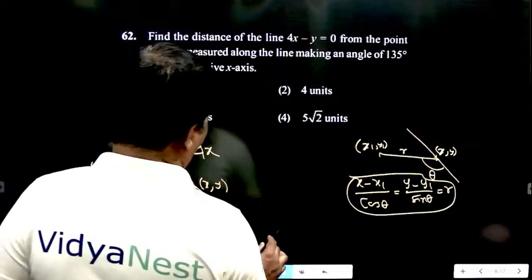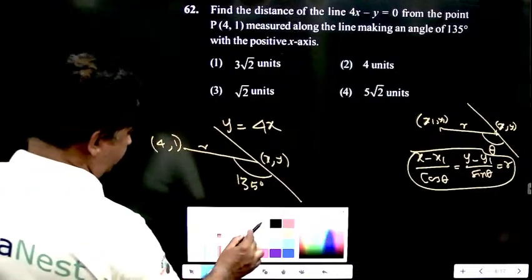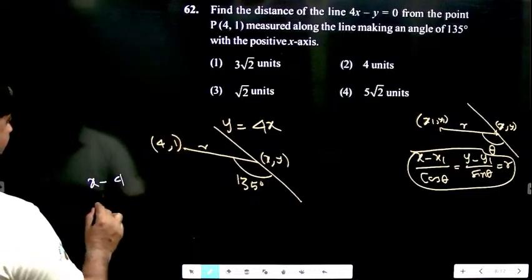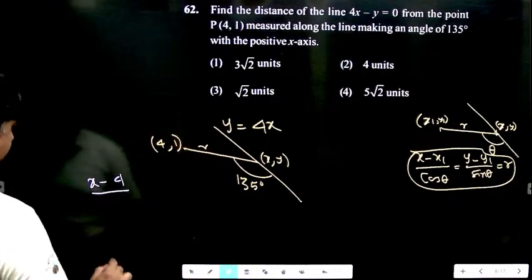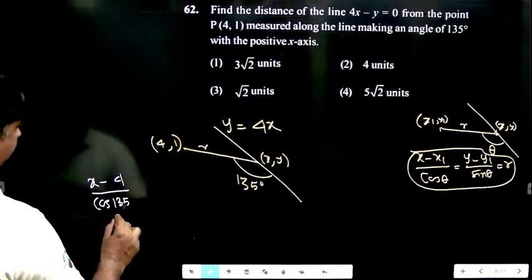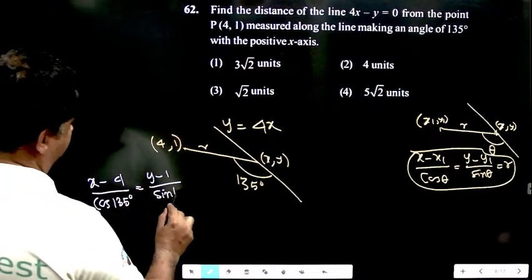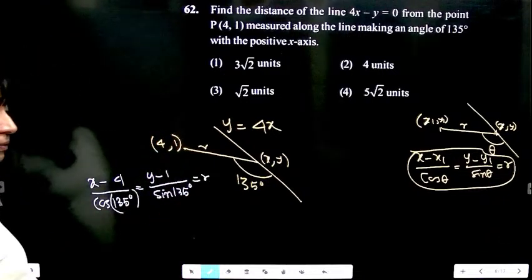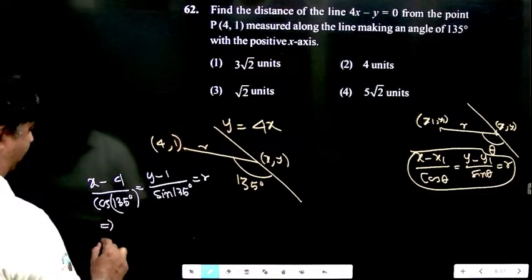Now by the symmetrical form we can write, this distance is r, x minus 4 by cos 135 equals y minus 1 by sin 135 equals r. Cos 135 is what? Cos 45 is 1 by root 2, so cos 135 is minus 1 by root 2.